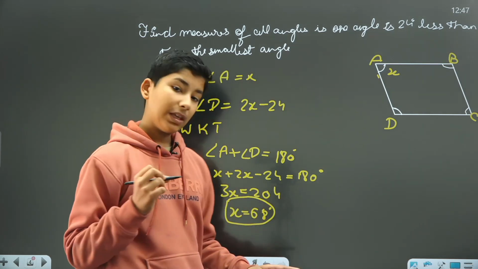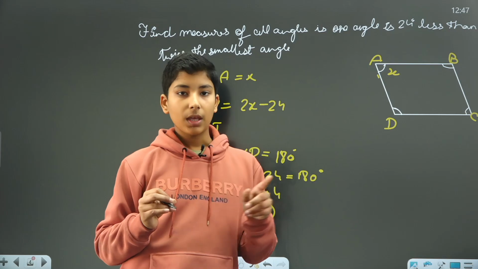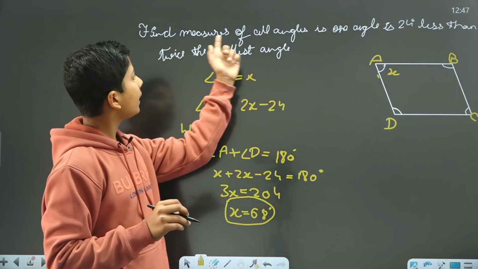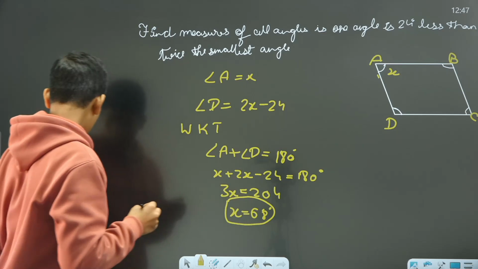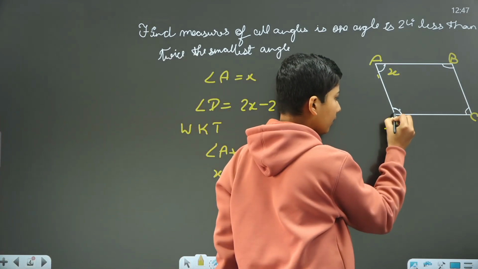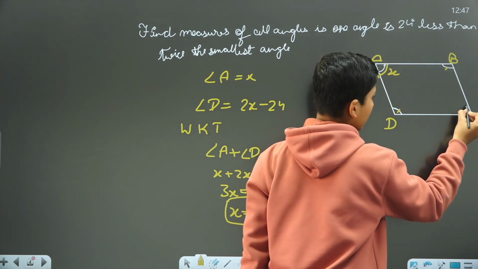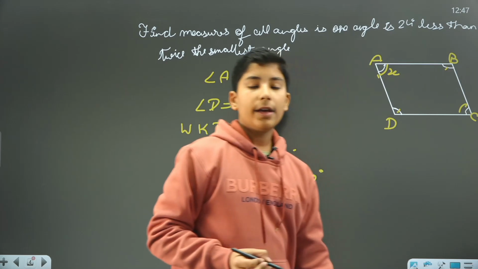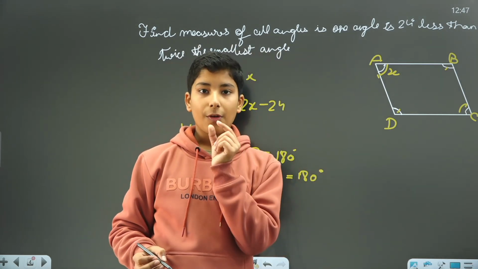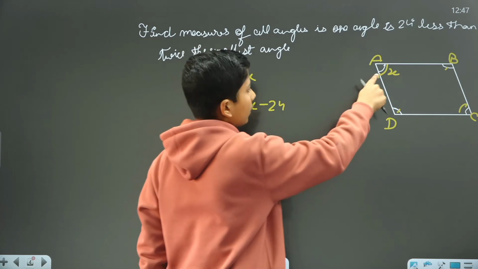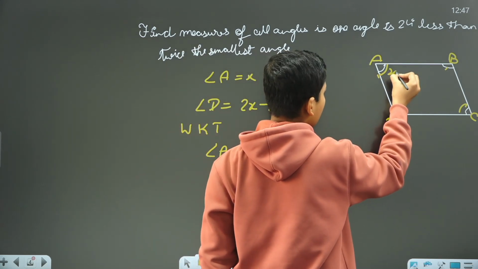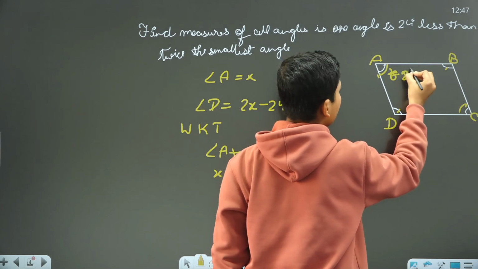So don't leave the question over here, because we are asked to find all the angles. So we know this angle will be equal to this, and this angle will be equal to this angle. Why? It is the property of a parallelogram. So this is x, meaning this angle will be 68 degrees.